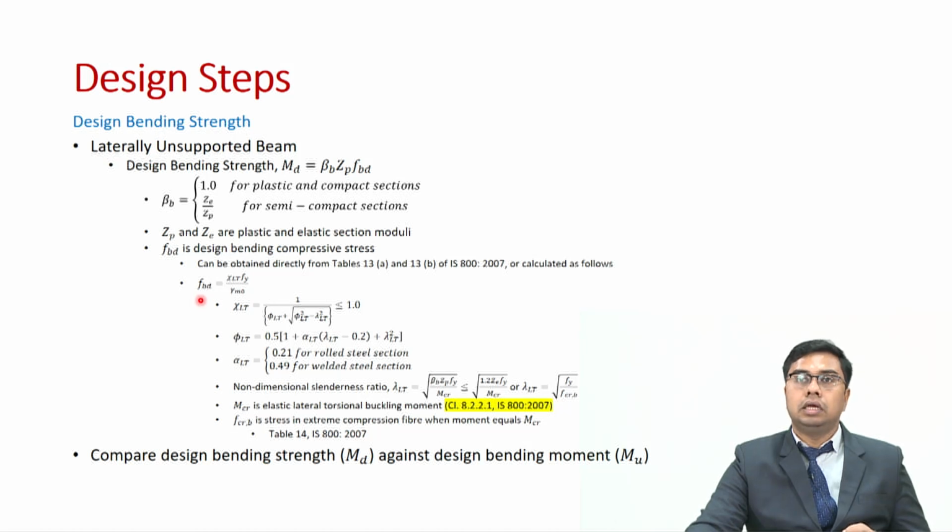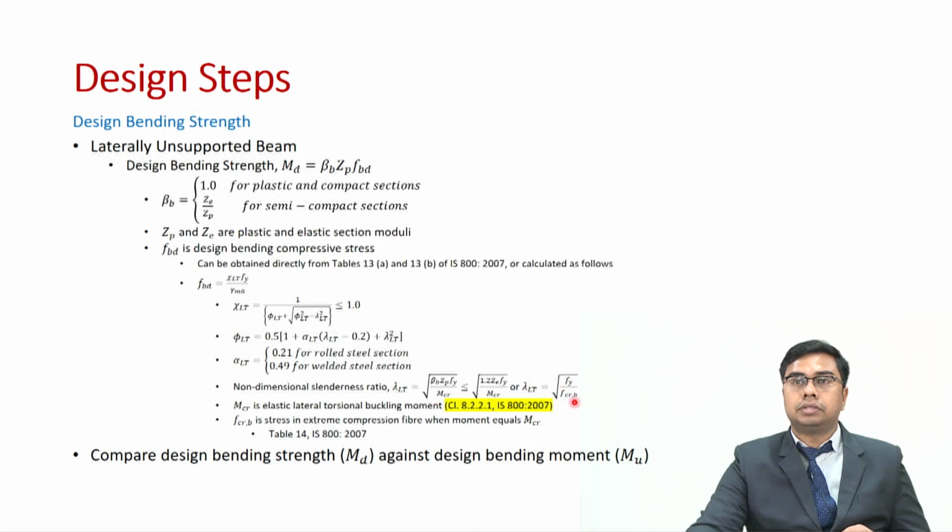Here you can see that fbd equals χLT times fy divided by γm0, where you have the value of χLT given like this, and then you have the value of φ and λ, and finally you have the value of αLT, which depends on what kind of section this is. Okay, so whether it is a rolled section or a welded section.